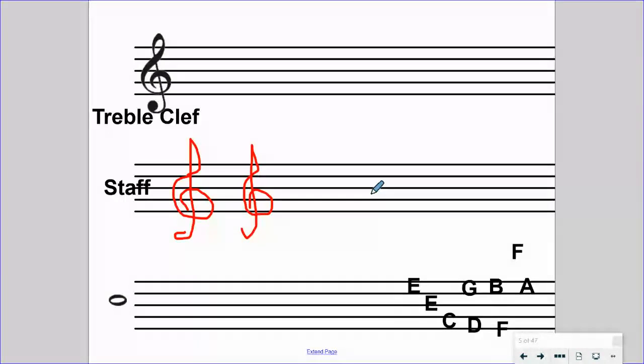Now, you might think to yourself, why in the heck does that thing have to circle around the 2nd line from the bottom? I'm not being picky. That's because the name of the note on that line is G. The G is the 2nd line from the bottom.